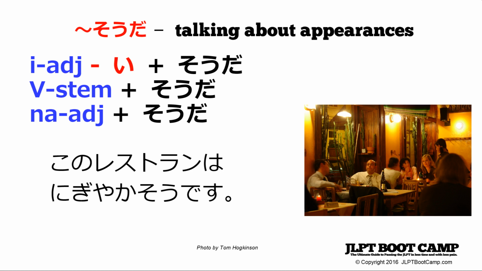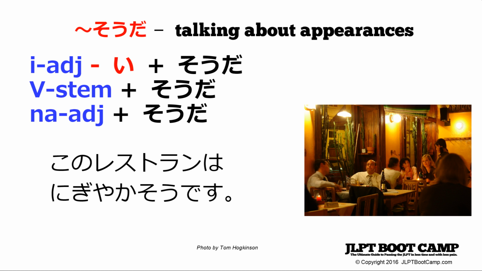We went over souda before, which is the casual tense plus souda to report hearsay. But here you're using just the verb stem, or e-adjective minus e, or na-adjective plus souda to talk about appearances. Something seems like something.